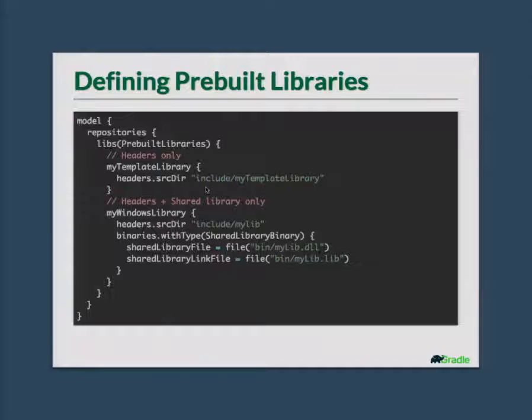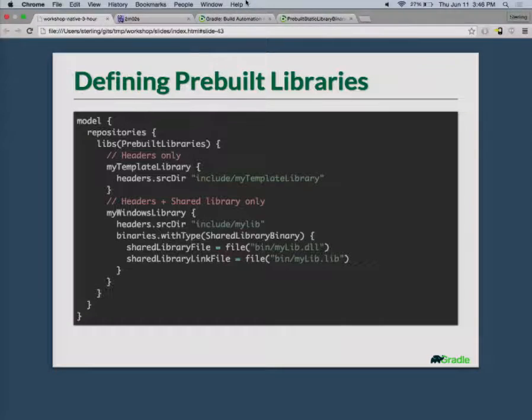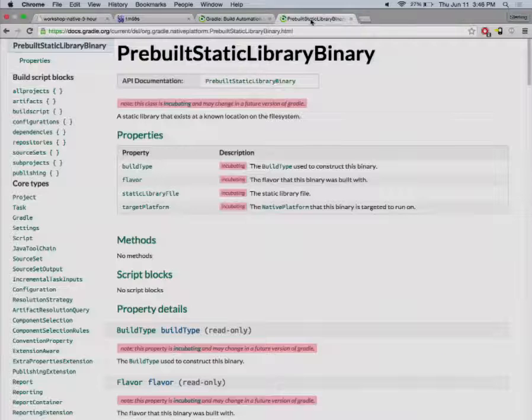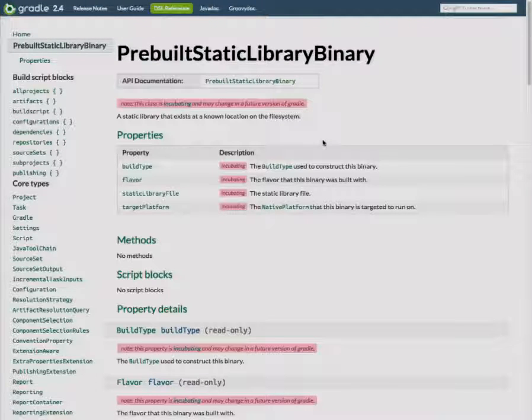Just like you can look for types of shared library binary, you can also look for static library binary. When you do that, there are different fields that you set. If you look in the DSL guide at prebuilt static library binary, I can see there's a static library file that you can set, which will be the path to the actual library file.